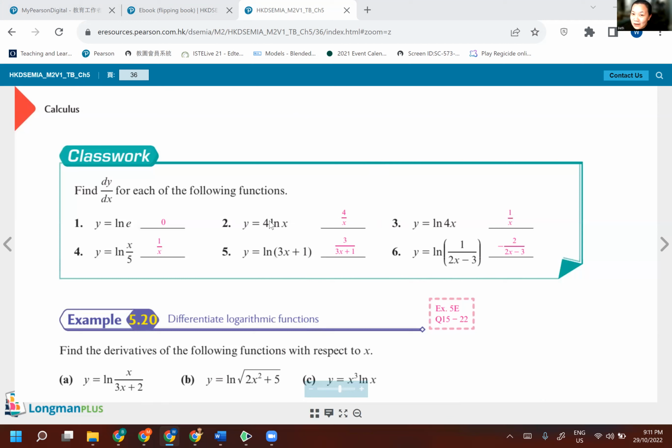This one is 4 times log, so the derivative is 4 times 1 over x, so 4 over x. And this one is 1 over x. Somehow there is no 4. Isn't it weird? There's no 4. It's like it doesn't exist.